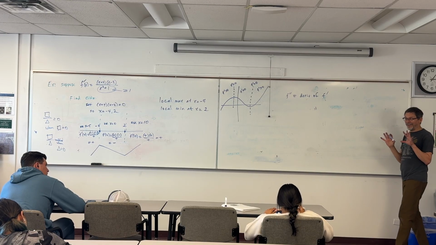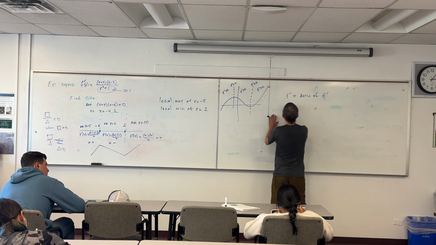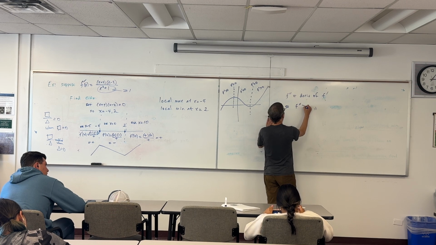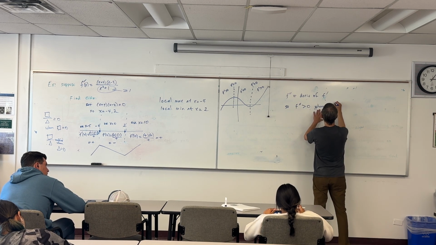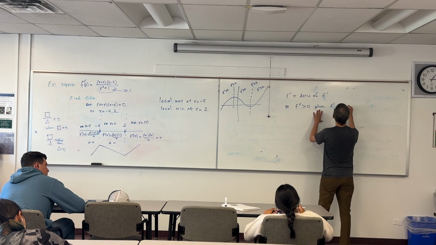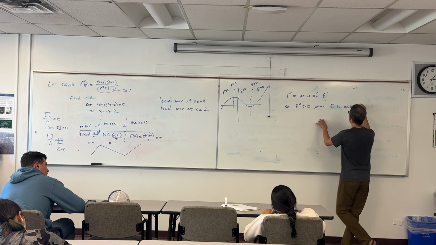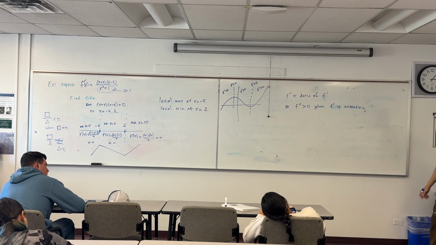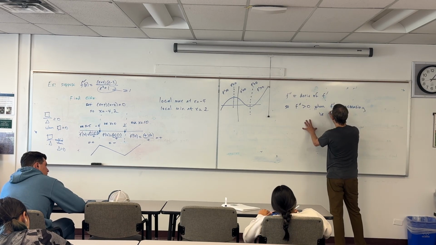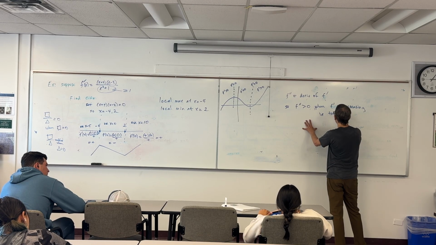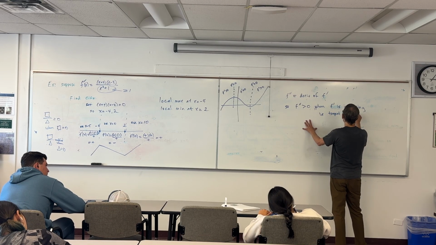And we can think of it the same way. So f double prime is positive when f prime is increasing. Getting a lot of derivatives in here. What does f prime increasing mean? This means, i.e., tangent slope is increasing.